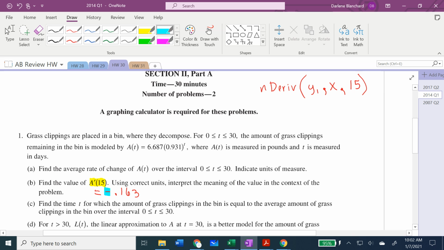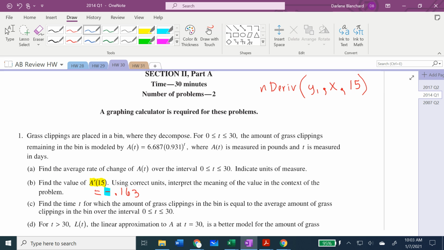Be careful, because when you say decreasing, you don't want to say decreasing at the negative number rate, because that counteracts each other, double negative thing. You want to say decreasing at a rate of 0.163.